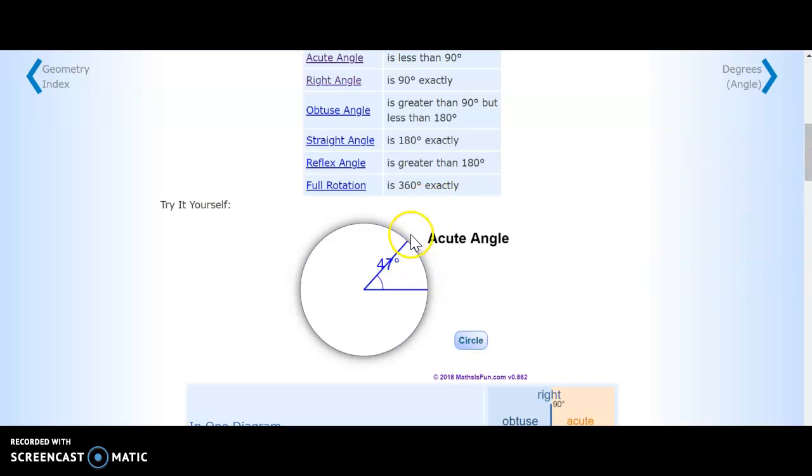So here we go. We can use this fab little tool to show the angles going up and down. I really like this. So tiny angle goes all the way down to 1 degree. All the way around. These are all still acute angles, aren't they? All the way around to 90. And it stops at a right angle. And as soon as I go past 90, look, it makes it an obtuse angle.